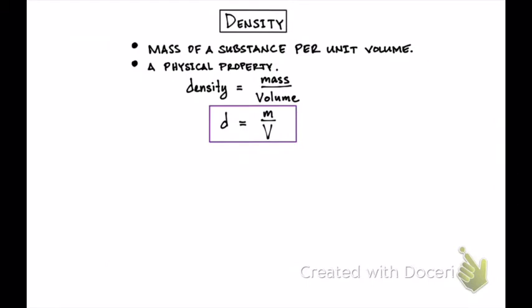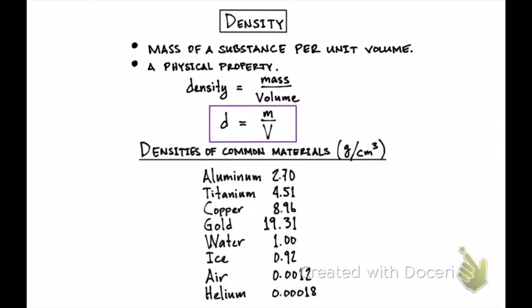And here's some examples of different densities of common materials that you normally encounter in the lab, and they are reported in grams per cubic centimeters. And as you remember, 1 cubic centimeter is equivalent to 1 milliliter. And so this is basically equivalent to gram per milliliter.